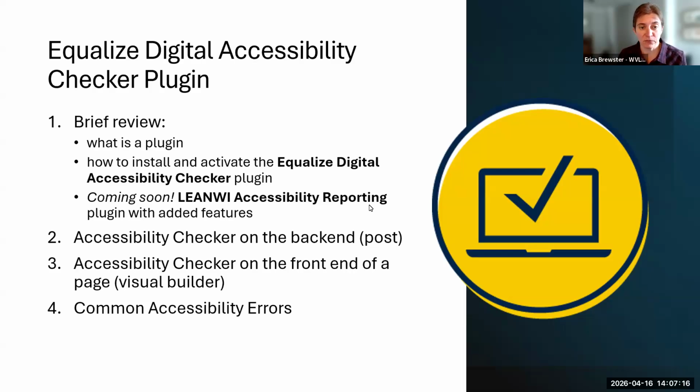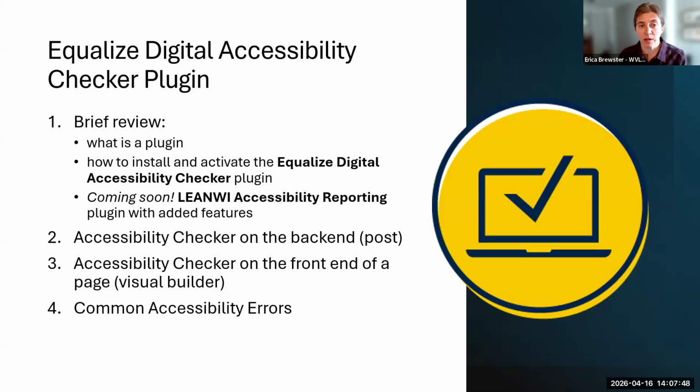And this will add a couple of features to the baseline Accessibility Checker plugin that gives us some more control and some more tools, both for you to be able to report errors that you don't know how to deal with to us so that we can come in and fix them. And also it gives us some reporting ability so that we can look at changes that have been made over time and see whether we're progressing towards accessibility, whether we're falling behind, some individual things like that.